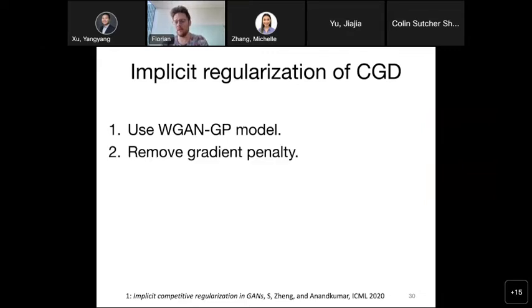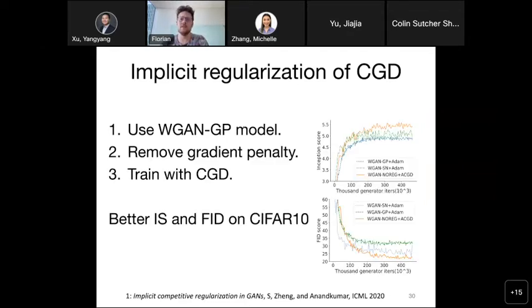We removed the gradient penalty, and we trained with CGD. And we observed that this, in terms of inception score and FID, leads to better results than the previous WGAN-GP model that was trained with Adam but still had the gradient penalty as a regularizer. This worked very well on CIFAR10.